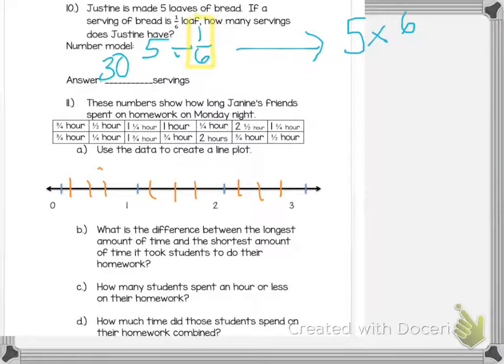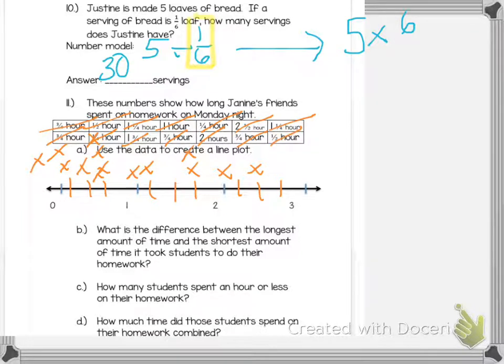So I have 3/4, a half hour, 1 3/4, 1 hour, a fourth of an hour, 2 1/2 hours, 1 1/4, 3/4, 1/4, 1 3/4, 3/4, another 3/4, and another 1/2.